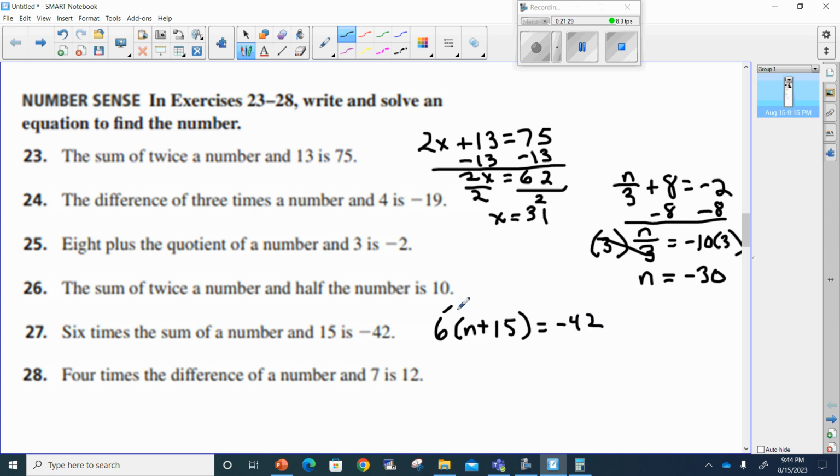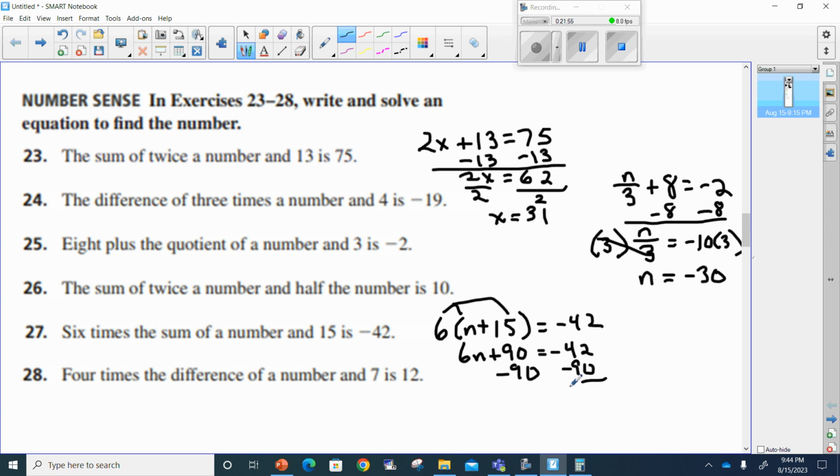To do this, distribute properties. 6 times n is 6n. 6 times 15, I think that's going to be 90. And that equals negative 42. Okay, I've got to get rid of the 90.